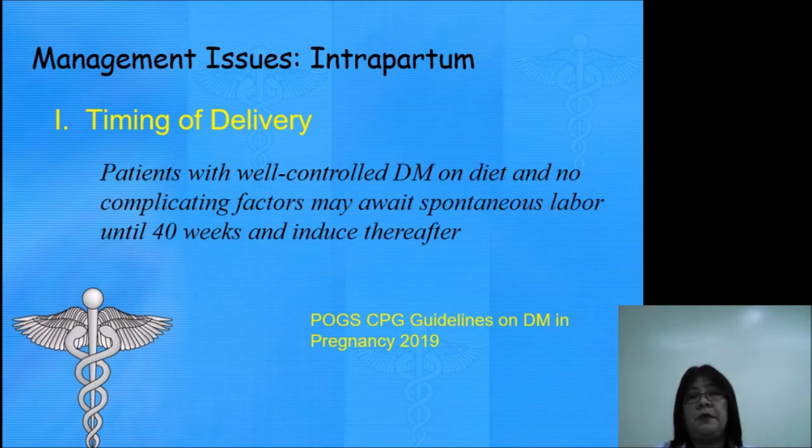How about if your patient is on diet? A patient on diet with a controlled blood sugar, you can still await for spontaneous labor until 40 weeks. And if still undelivered, you will induce it thereafter.